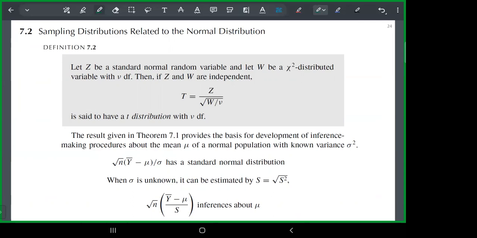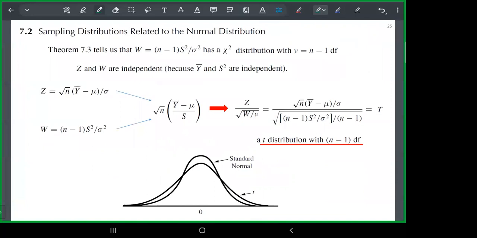You start with Z with one type of distribution. You have another W, another type of distribution. You combine them into another variable T. What will be the distribution of this? It turns out that creating another type of distribution is called the T distribution. And this is how it looks. We're not going to try to do this. I know it starts to get crazy.